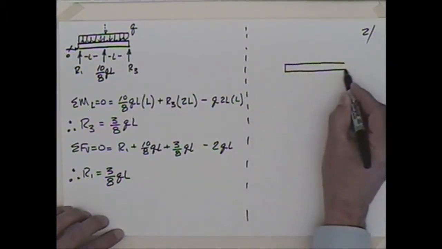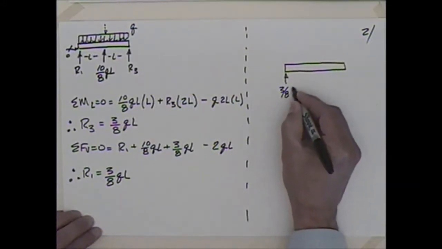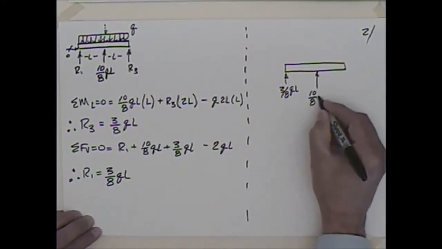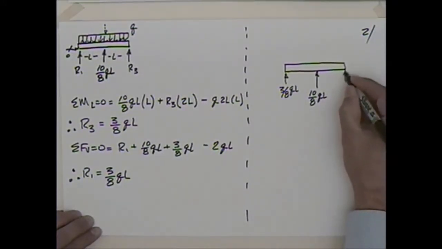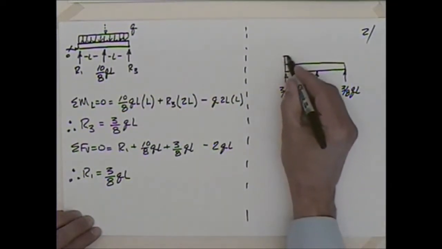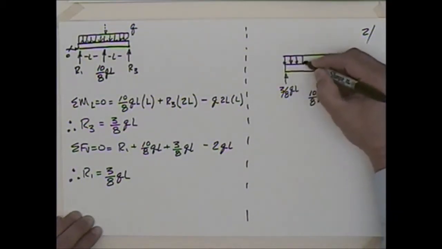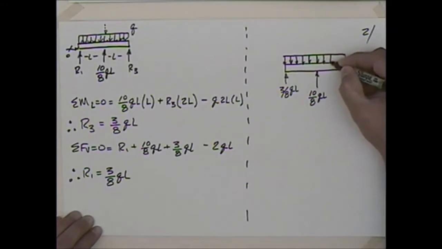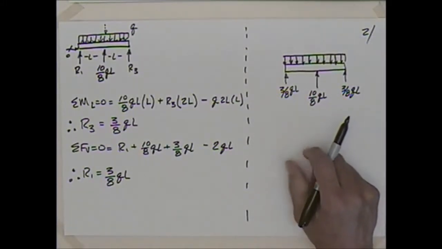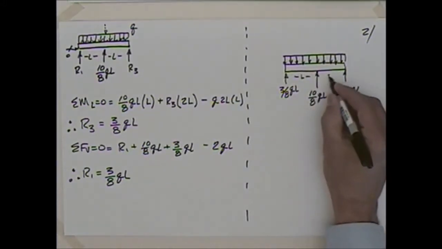We end up with reactions that look like this. We have 3/8 QL, we have 10/8 QL, and we have another 3/8 QL to support this total load of 2QL. And hopefully that works out. If we look at adding 3/8 and 3/8 and 10/8, that gives me 16/8, or 2QL. So that does work out.